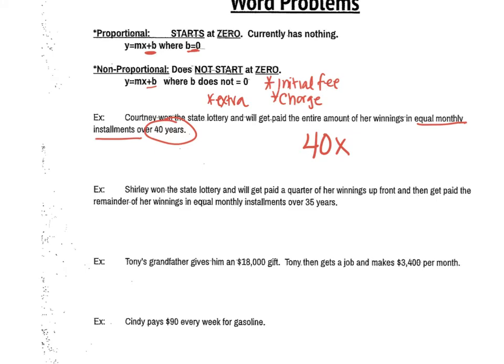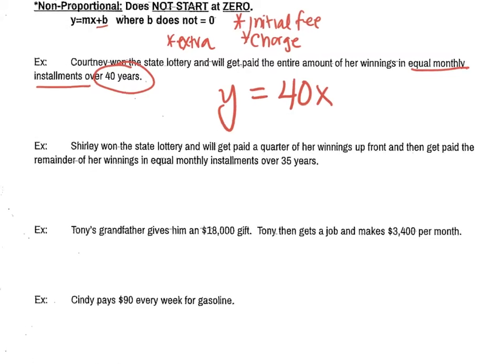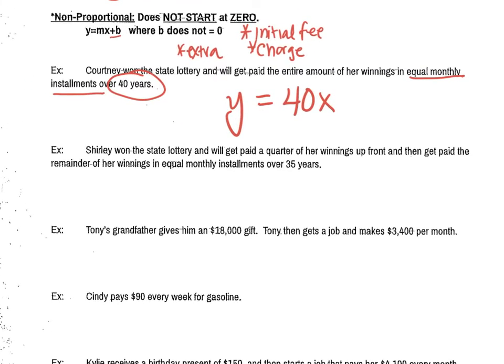So y equals 40x. They're not going to give her a flat sum and then $40 every month. They're just going to give her the same amount of money for 40 years. So that would be proportional.